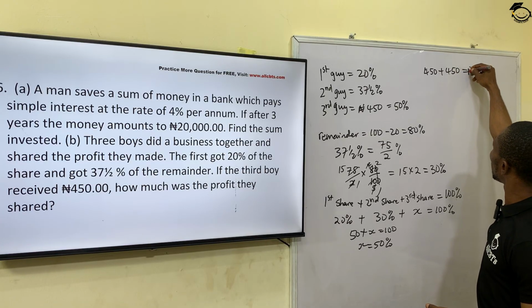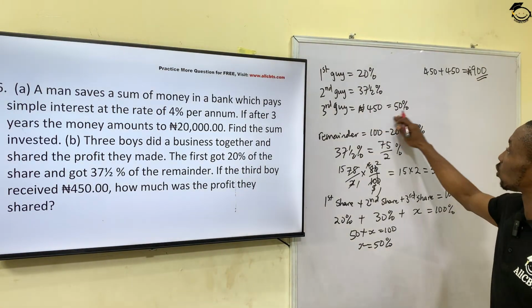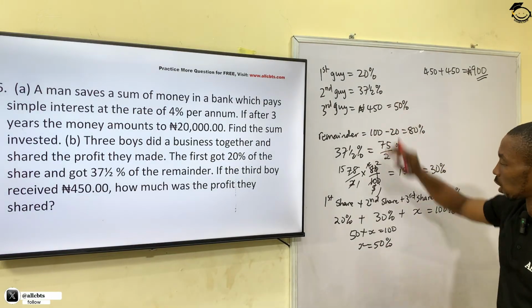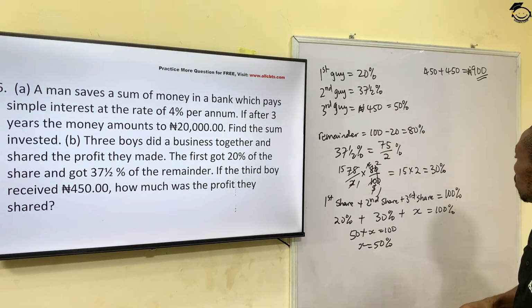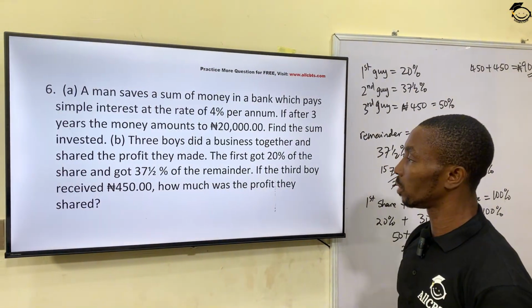So they shared a profit of 900 naira, since the third guy took half of the profit, which is 50%, and the other two shared the other 50%. So their total profit shared is 900 naira.